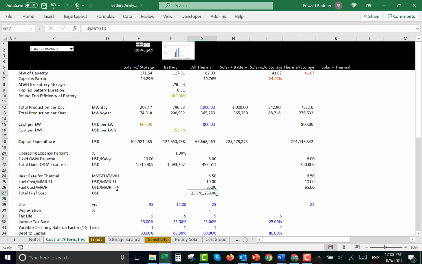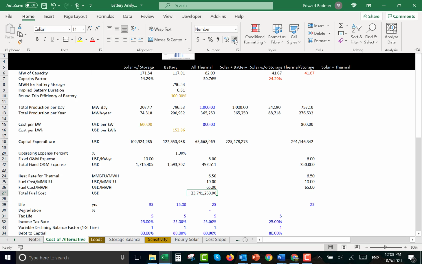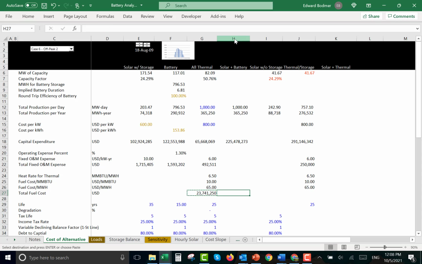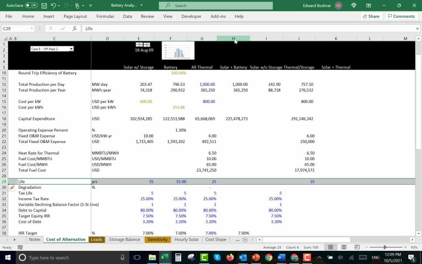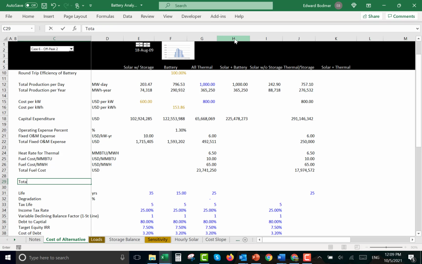You can get the numbers, and there's the key difference, because I didn't understand it for so long: there's an enormous difference in the capital intensity of any kind of thermal unit, but especially diesel or gas, because we have a very big O&M cost and a much smaller capital cost. So now you can put total O&M cost, and we'll put that in USD.